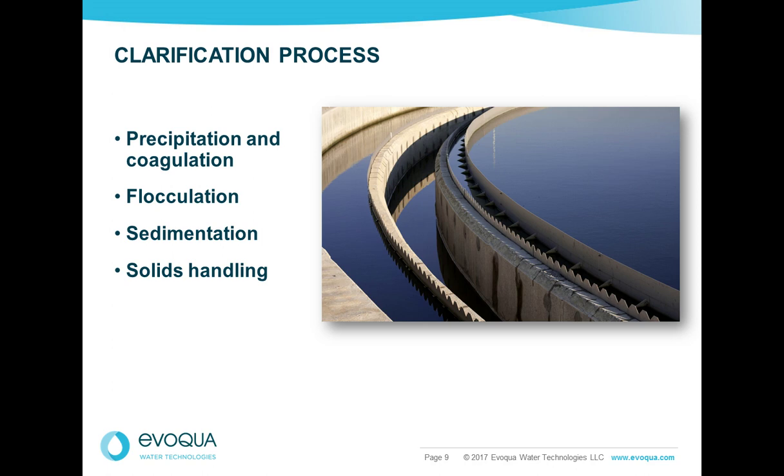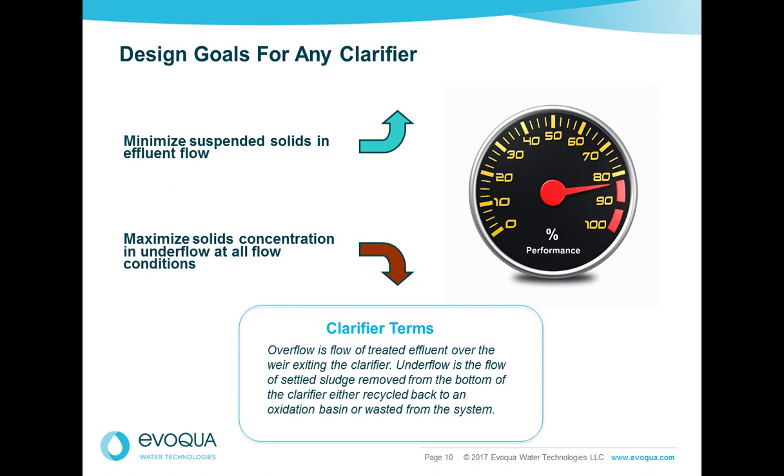And handling of the solids, the removal or wasting or sometimes recycling back into the system, is an integral part of that process. The overall design goals of the clarifier are really simply to minimize the solids within the treated effluent or the overflow, and to maximize the solids concentration of the settled sludge removed from the bottom or the underflow.